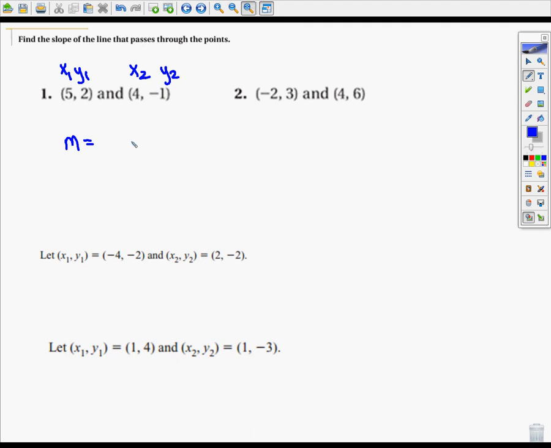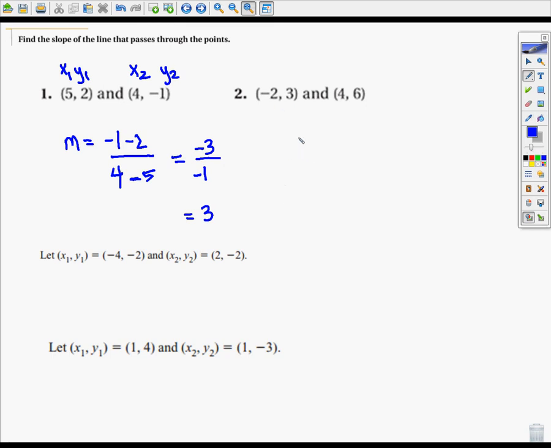So if I take y2, I'm going to have negative 1 minus y1, which is 2, over x2, 4, minus x1, 5. So negative 1 minus 2 is negative 3. 4 minus 5 is negative 1. And when I simplify this, I get positive 3 for the slope.